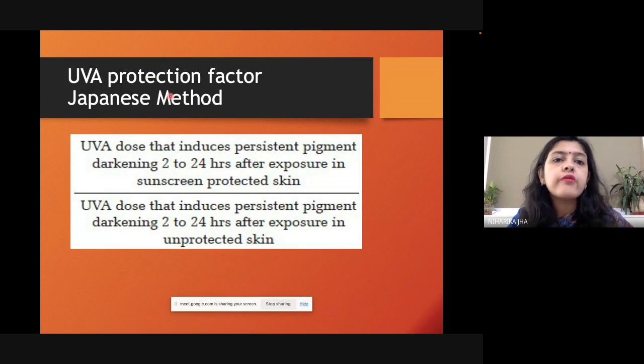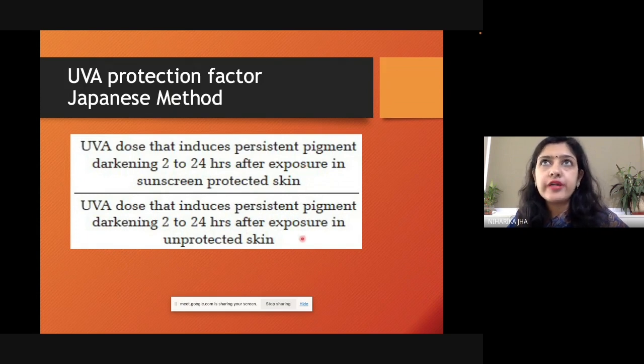Now let us learn about the UVA protection factor. Unlike UVB protection factor, which measures the erythema potential, here we are looking at the persistent pigment darkening. So it is the UVA dose that induces the persistent pigment darkening 2 to 24 hours after exposure in sun-protected skin compared to that in unprotected skin.